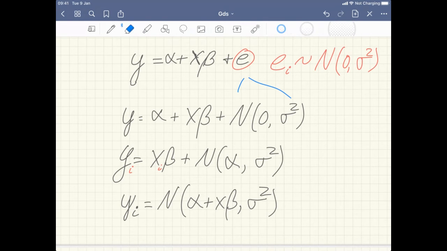And since now this is just a distribution, it's easier to recognize that yi is distributed with a mean of alpha plus x beta and a variance of sigma squared.